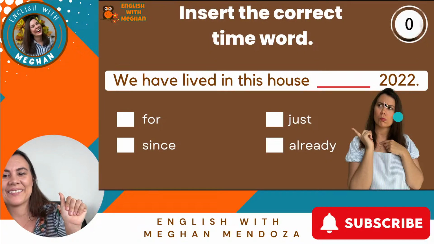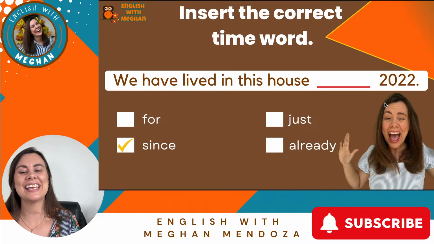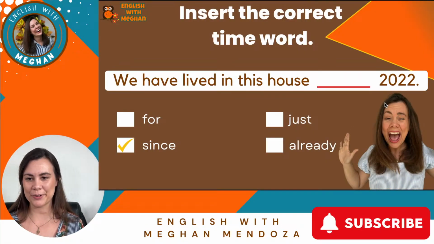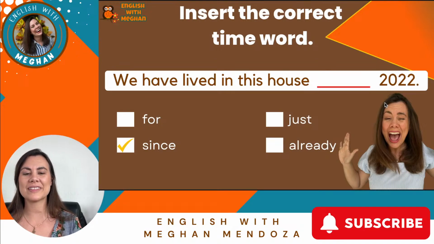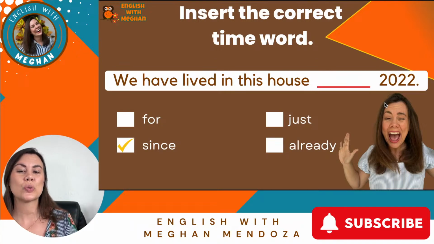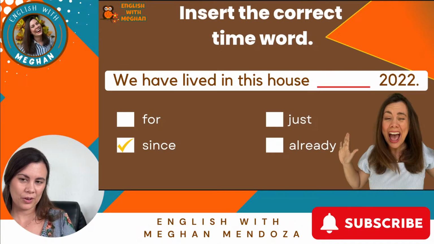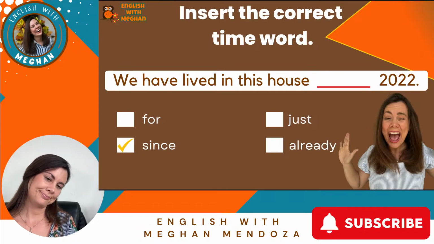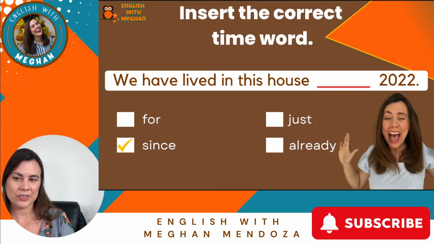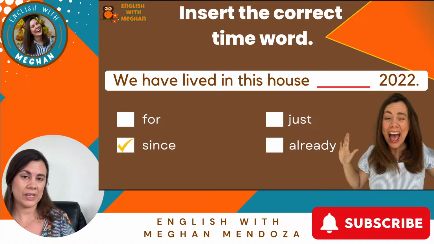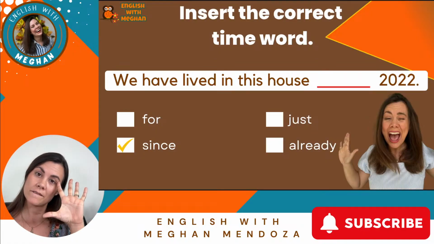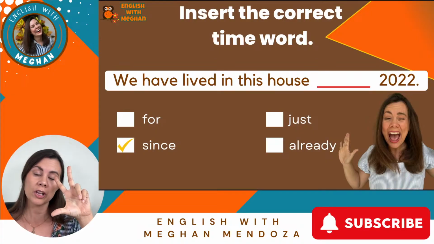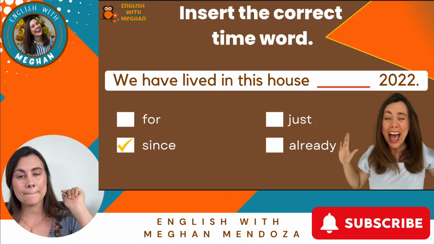Okay, here we go. Since is our answer. We have lived in this house since 2022. Okay, why? You need to know this. I'm going to give you 5 seconds to think about why and come up with your answer. 4, 3, 2, 1.